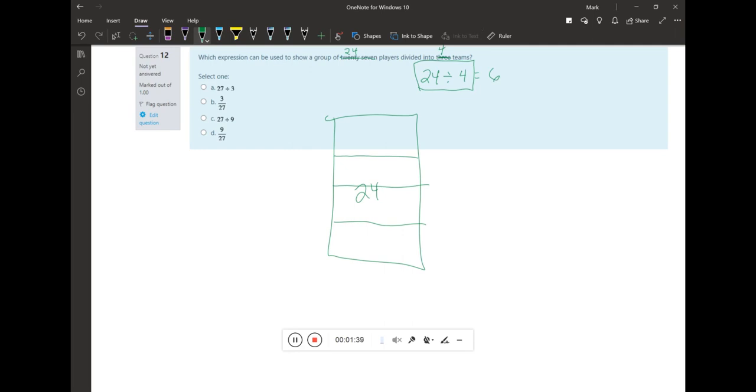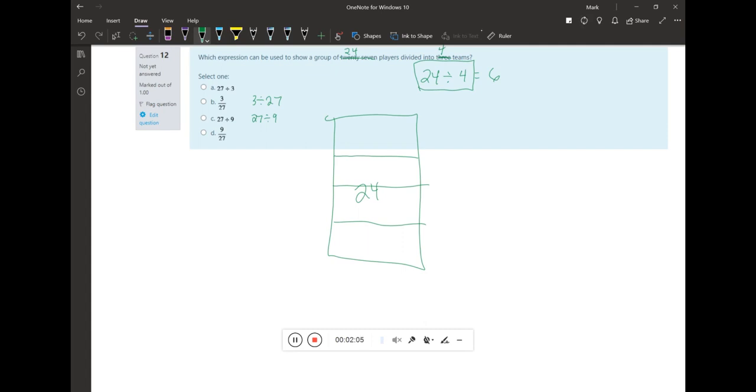And so in here, we'd be looking to see what this is. In this, we had 27 divided by 3, 3 over 27, which is like 3 divided by 27. It can't be that. 27 divided by 9, that's a different relationship in there, because 27 divided by 3 is 9, but we don't want to get caught by that one, because we're not dividing 27 into 9 groups of 3.